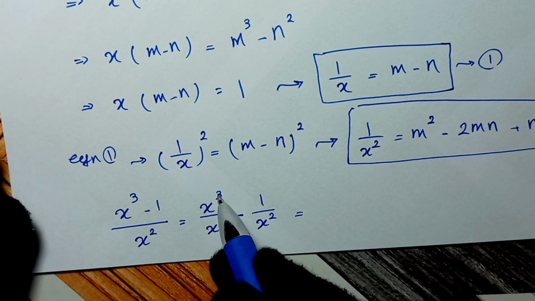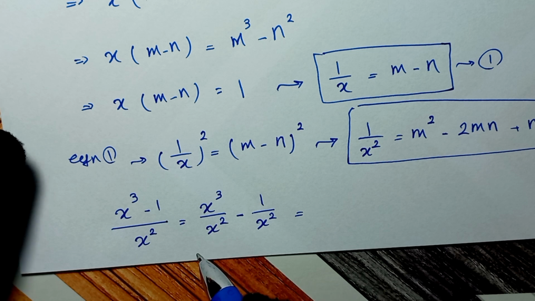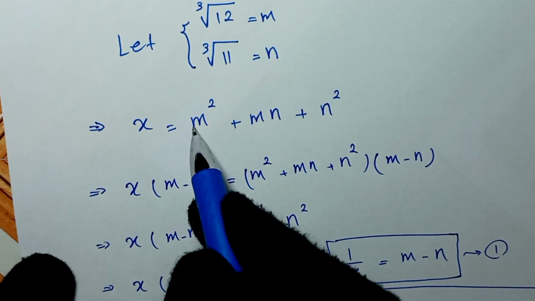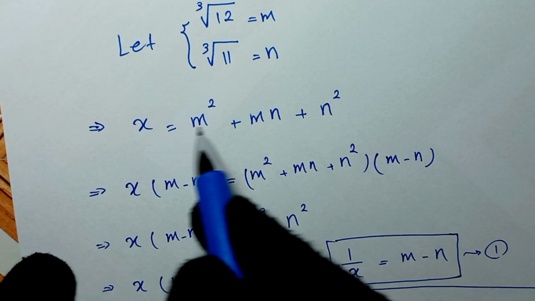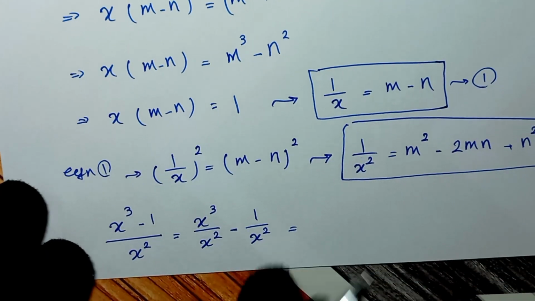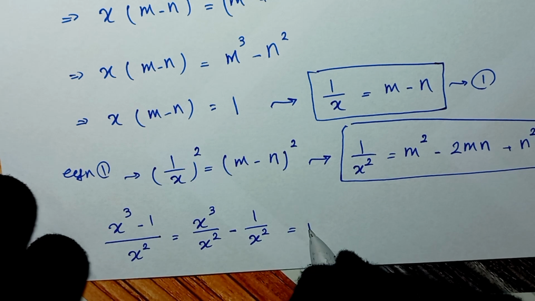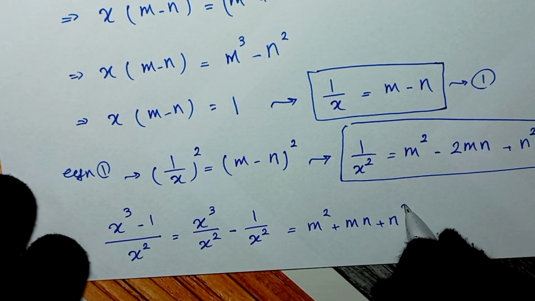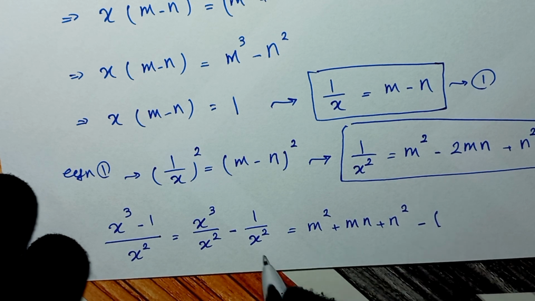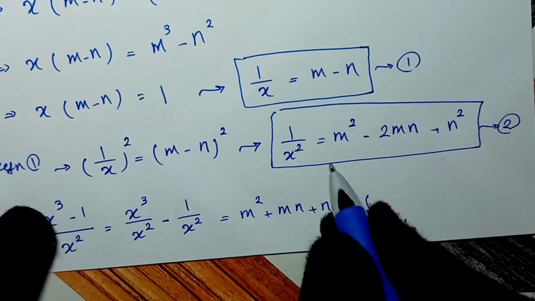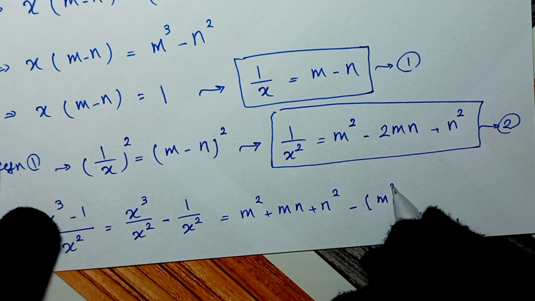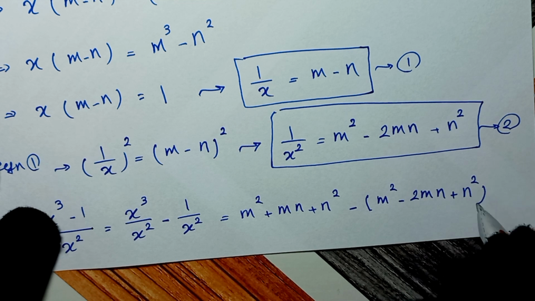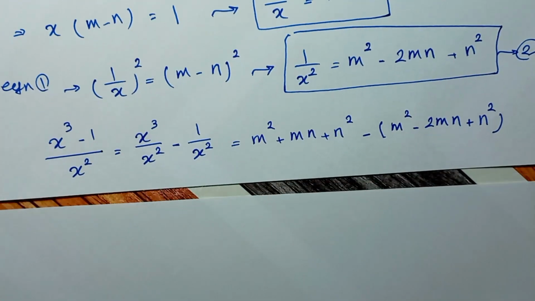In here, x cubed over x squared, it will be x, and from here, x is m squared plus mn plus n squared, right? So we write x as m squared plus mn and plus n squared, and minus 1 over x squared, and 1 over x squared is m squared minus 2mn and plus n square.